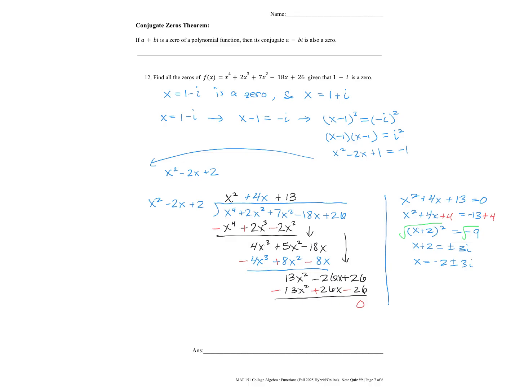So I now have my 4 complex zeros. My complex zeros are 1 plus or minus i, and I've got negative 2 plus or minus 3i. When I write this in factored form, it's going to look pretty hideous, but here we go.